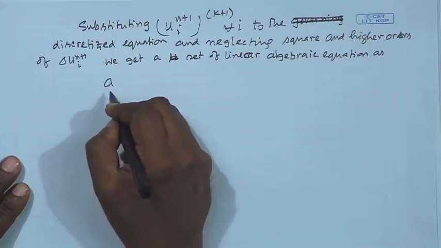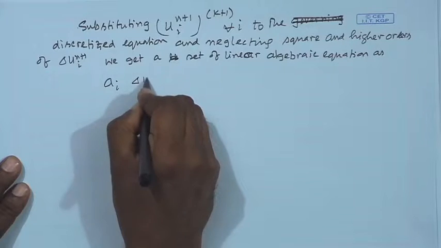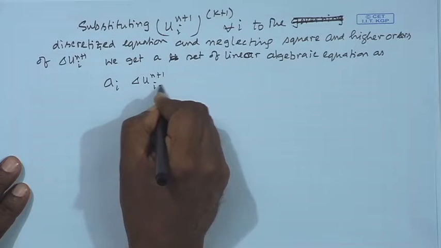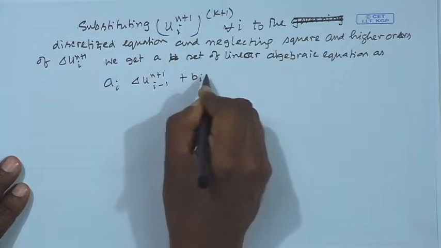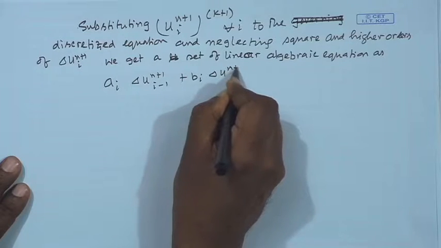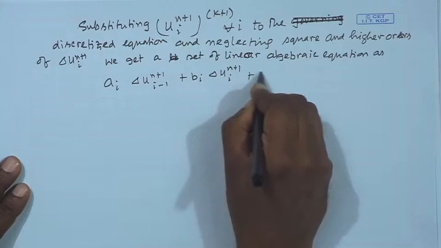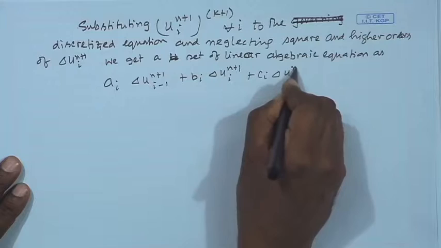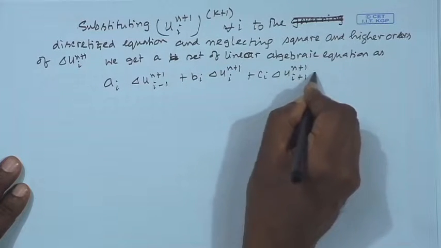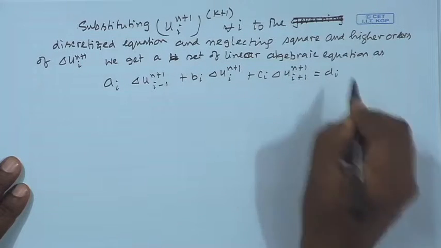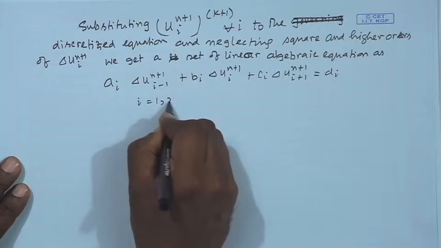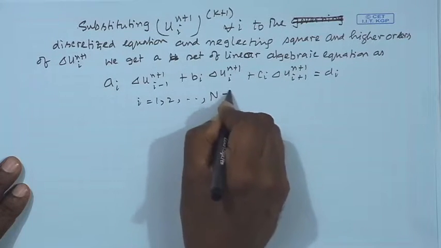Let us write it in this way: a_i delta u_{i-1}^{n+1} plus b_i delta u_i^{n+1} plus c_i delta u_{i+1}^{n+1} equal to d_i, where i is varying from 1 to N minus 1.